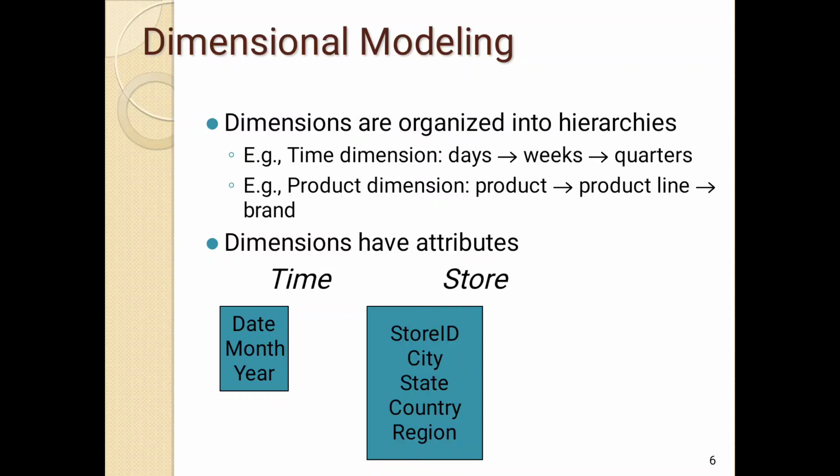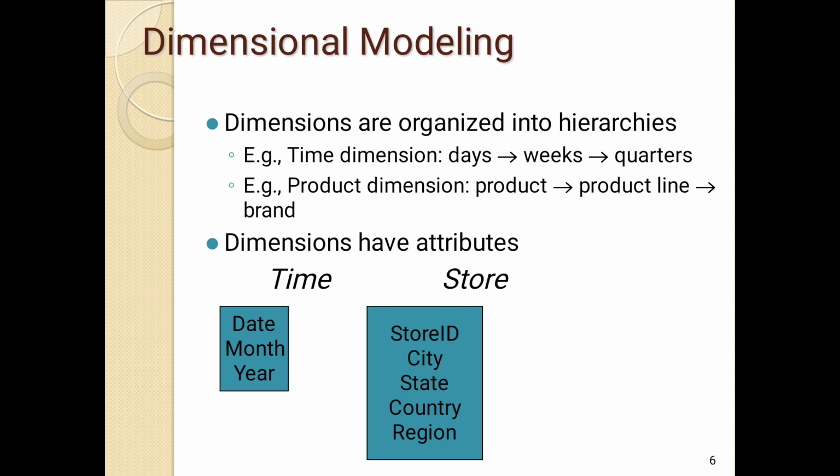And to describe the time, you can use a geographical time also. Next, store. What are the attributes you can include in store? Guys, we can extend, right? If I need detailed information, we can extend our attributes. So here the basic thing is store ID.